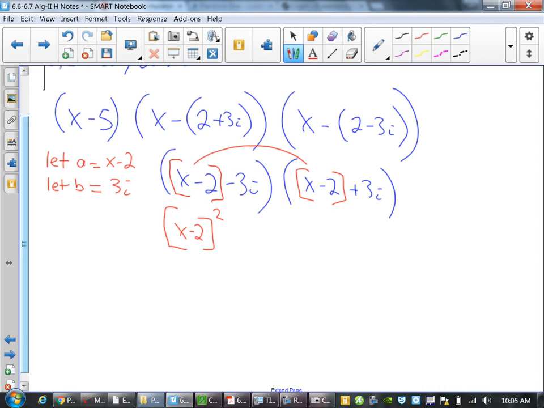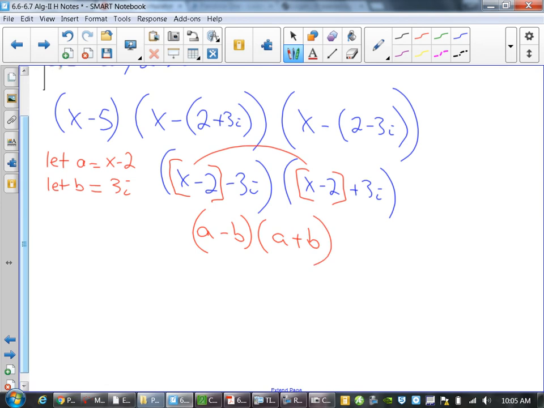You don't have to show this step, because after I show you what exactly is going on, you're going to pick up on it pretty quick. But just in case you want to fall back on a surefire way of making it work, this isn't a bad idea. So I'm going to rewrite this as a minus b, a plus b, because in essence, that's what I have right now.